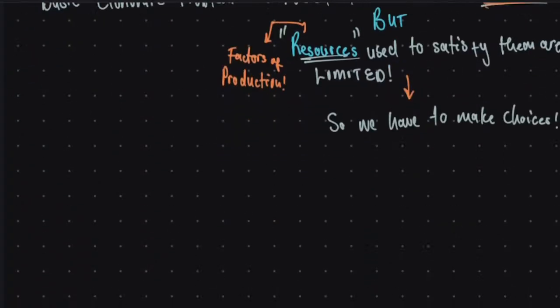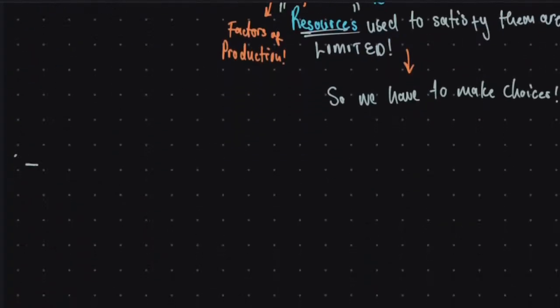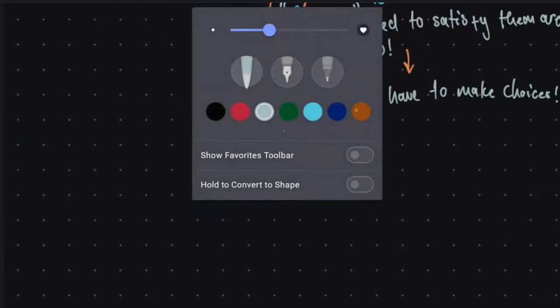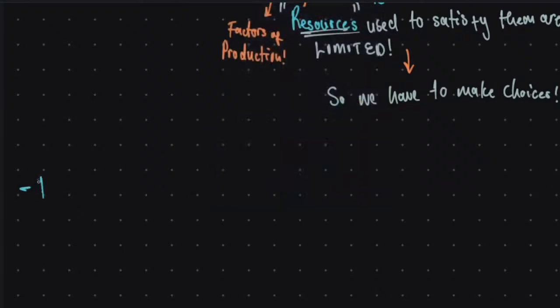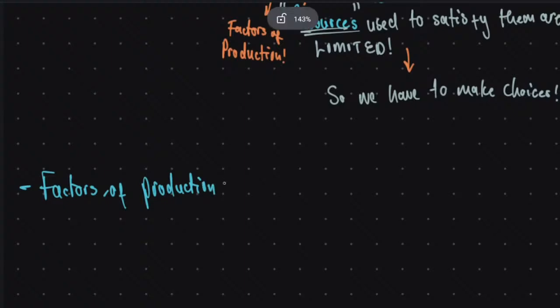Let's do the resources. So I want you to write: factors of production are the resources that we were talking about.